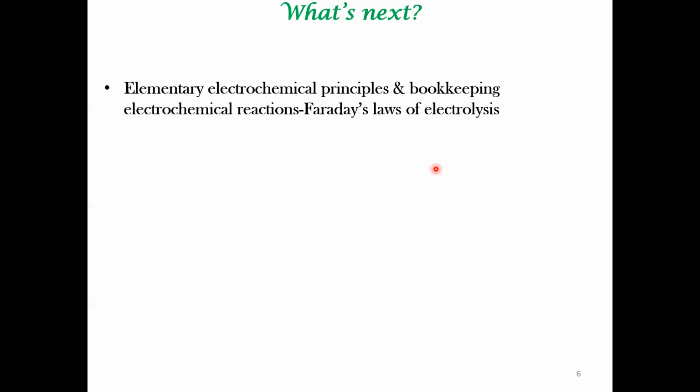These laws are actually just bookkeeping principles. Faraday's laws of electrolysis are mostly bookkeeping principles, but even though they are fairly elementary, it's important you have a good grasp of such principles. That's what we will cover in the next lecture.